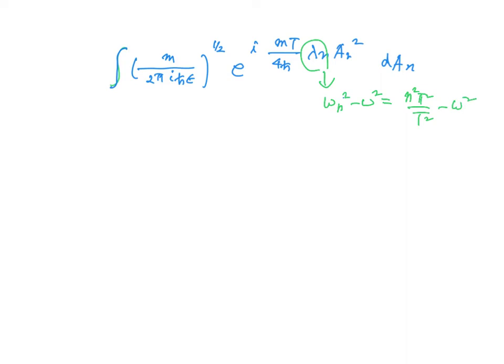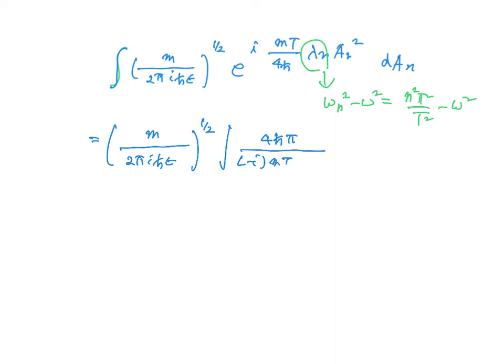So it becomes (2 pi i h bar over epsilon) to the 1/2 times square root of 4 h bar pi over minus i m T lambda n. So this cancels this.